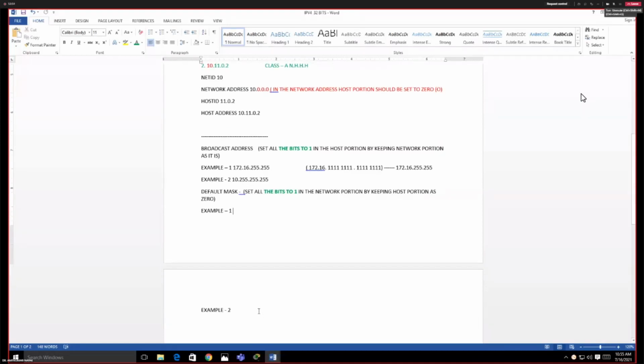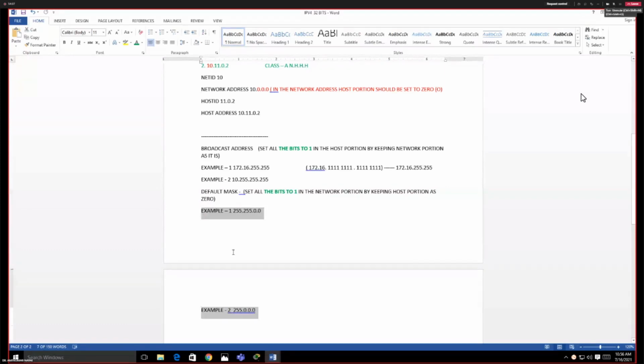Example 1: 255.255.0.0. Very good. And example 2: 255.0.0.0. So for the broadcast address, set all the bits to 1 in the host portion by keeping the network portion as it is, and for the default mask, set all the bits to 1 in the network portion by keeping the host portion as 0. So these default mask values are correct.